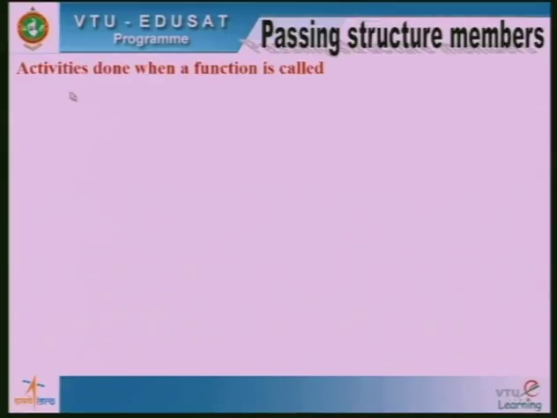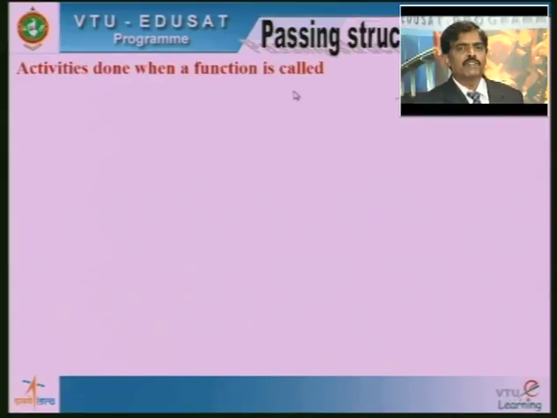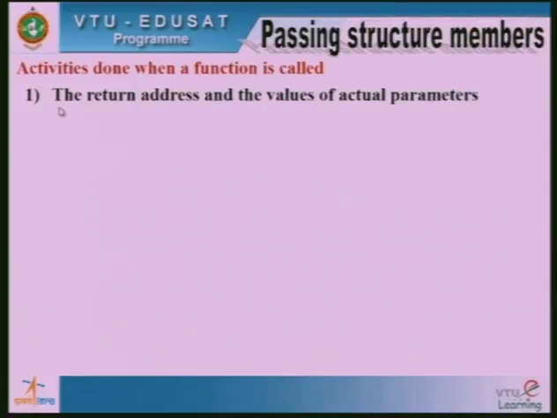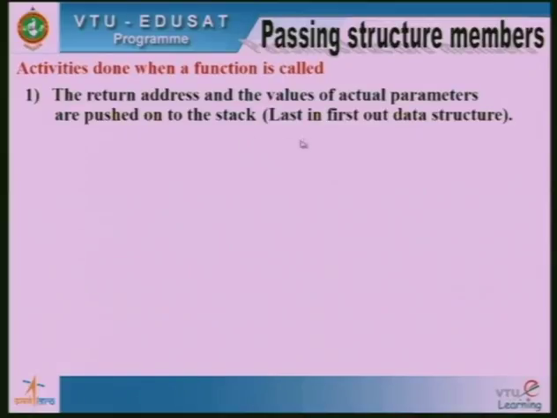Now tell me what are all the activities done when a function is called. First one, the return address and the values of actual parameters are pushed onto the stack. That is, the last in first out data structure is called a stack. What is a stack? That we explain in the later classes.